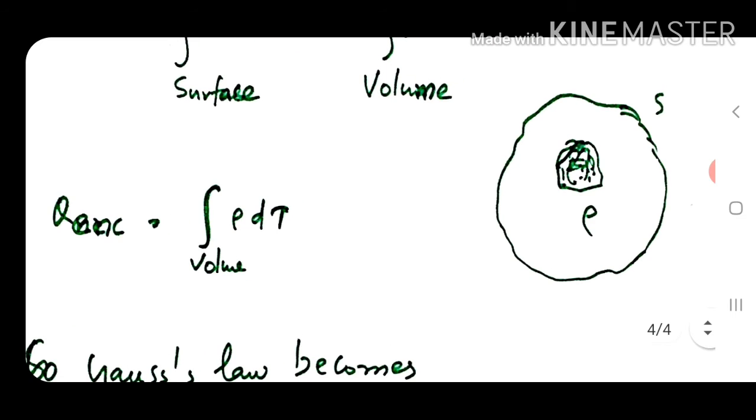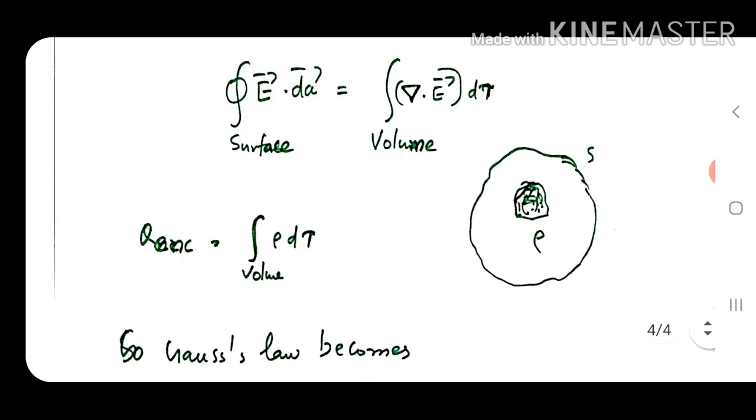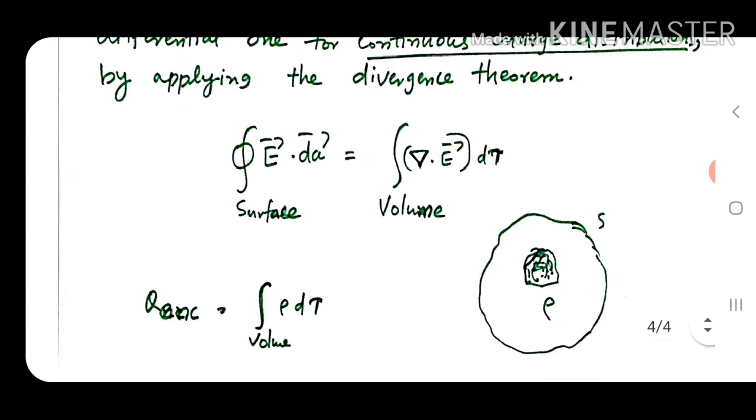The charge density is here, and in the rest of the region the charge density is 0. So the charge enclosed by this surface is given by the integral over the volume of rho d tau. So this is Q enclosed, and this is the flux.